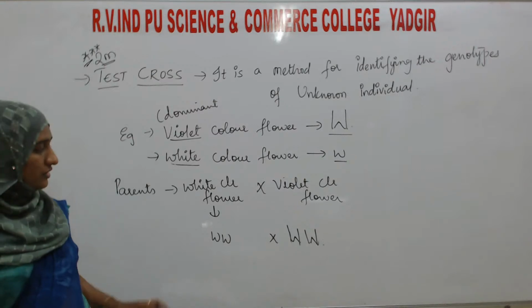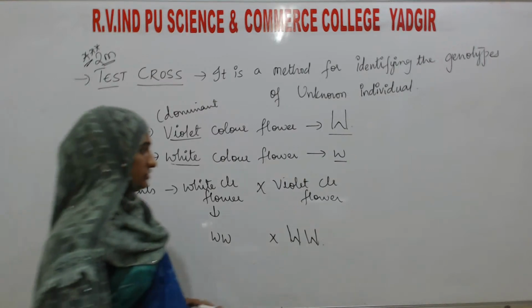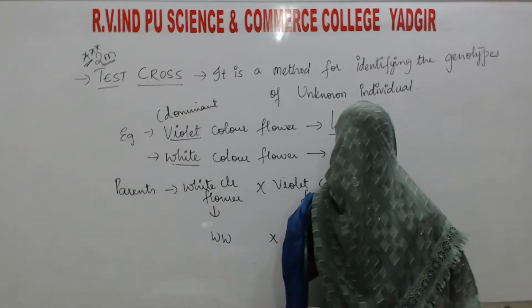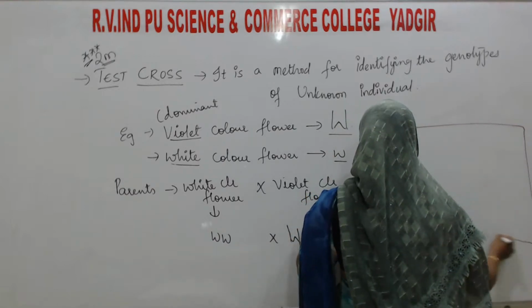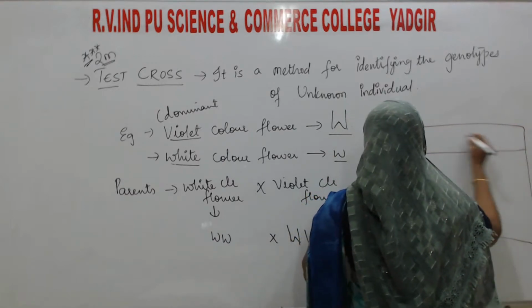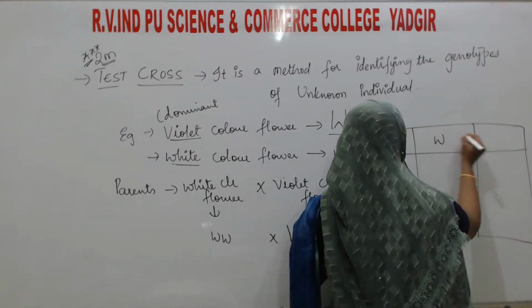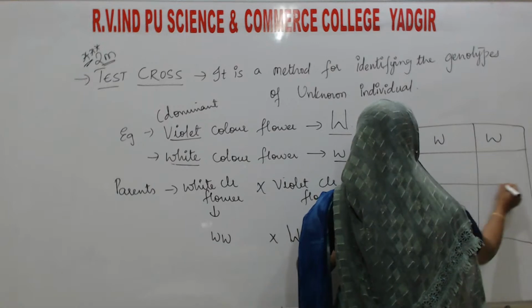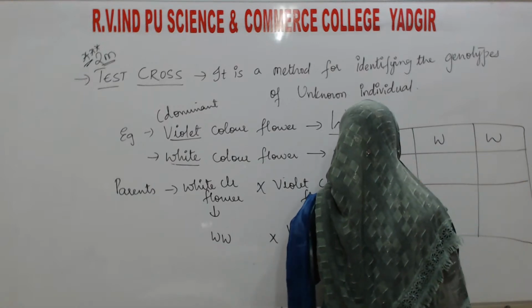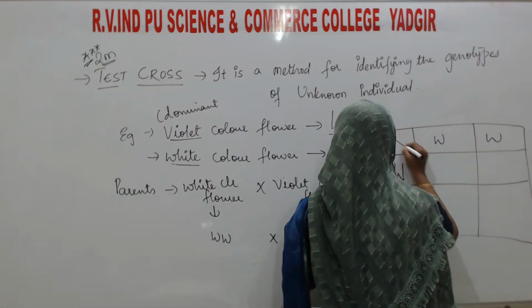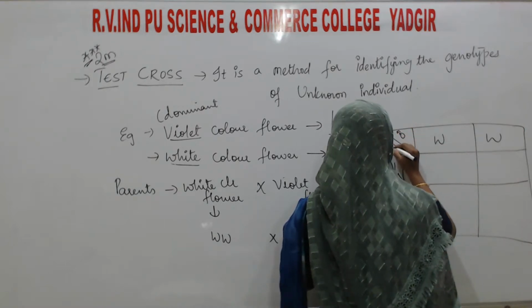So here, by using a checkerboard, it is shown: small w, and here capital W and capital W. This is the male and this is the female.